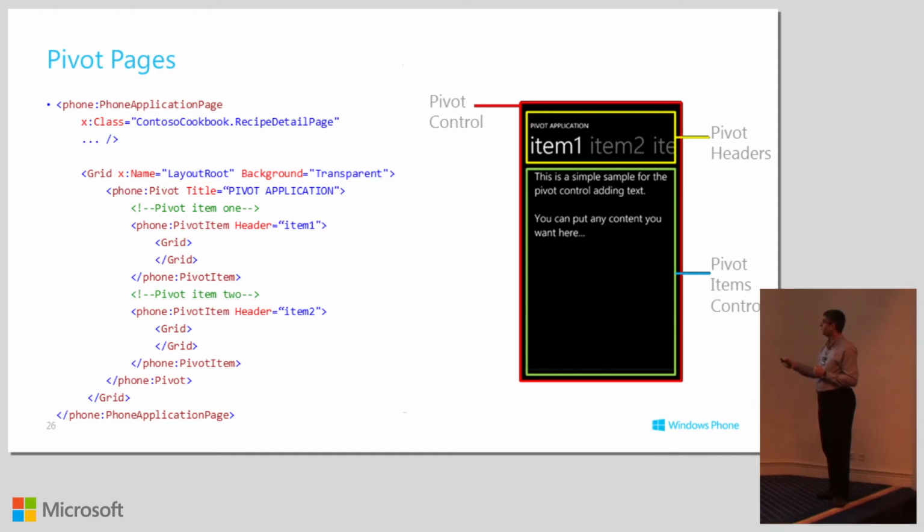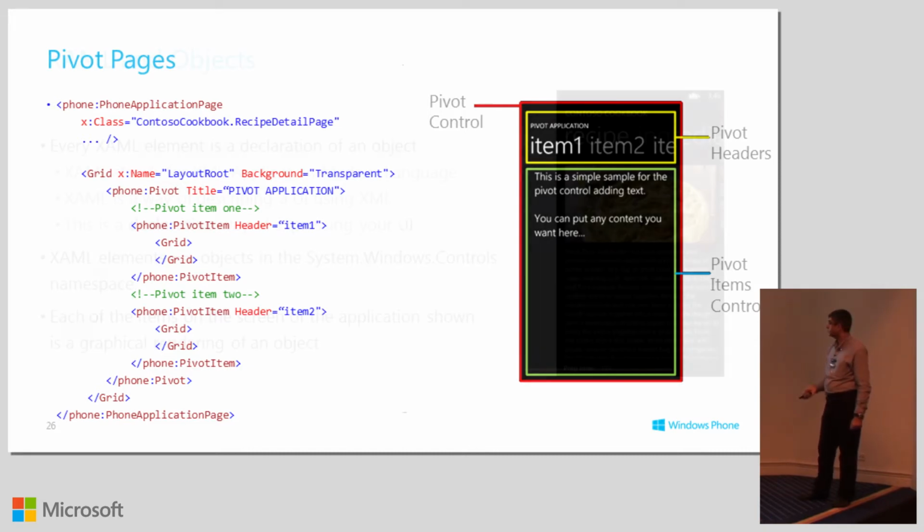In that I have something called the pivot control. The pivot control has the headers, which provide the navigation. And then you have the individual pivot items. So in here I have the item 1 header and the item 2 header. There are two pivot items and I can move back and forth between the two.